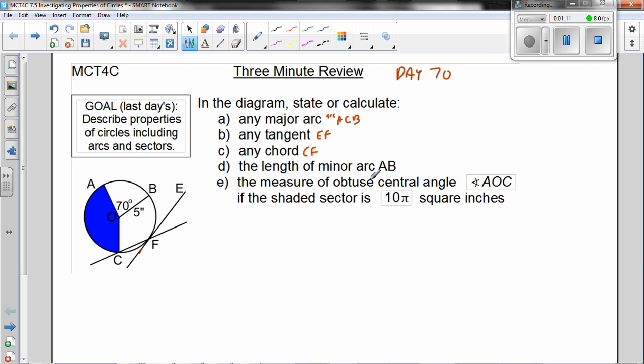The length of minor arc AB. See, now we're talking. Now we got something to do. There's minor arc AB, and we want to find the length of it. The way we did this is we figured out whatever fraction the central angle is, and it's 70 over 360. That's going to be the fraction that the arc is of the circumference.